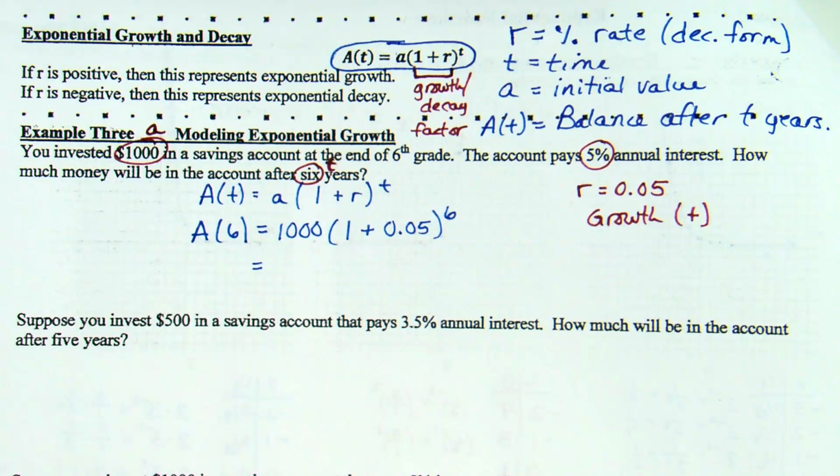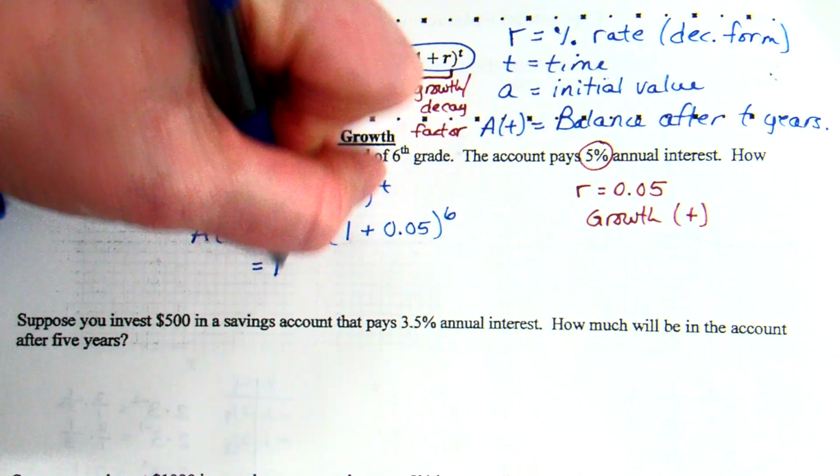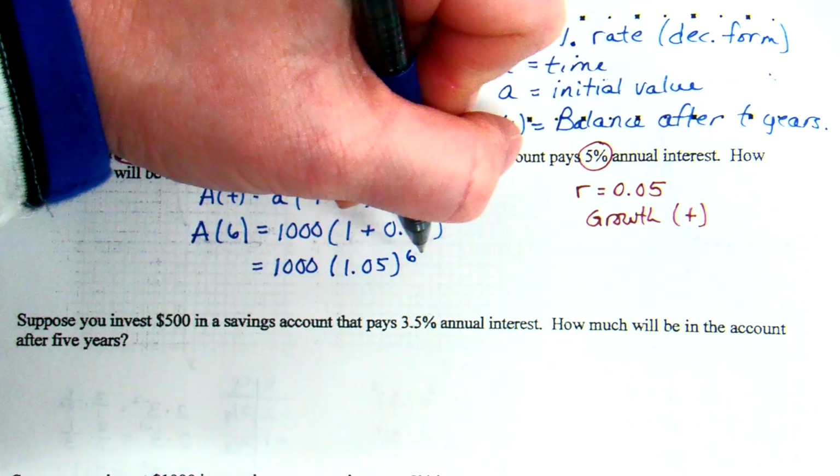What can you do before you snag the calculator up? Could we at least clean up inside the parentheses? 1 plus .05 is 1.05 raised to the 6.